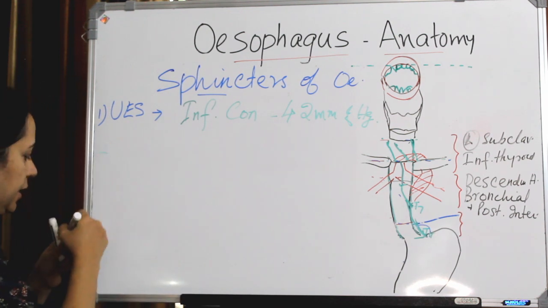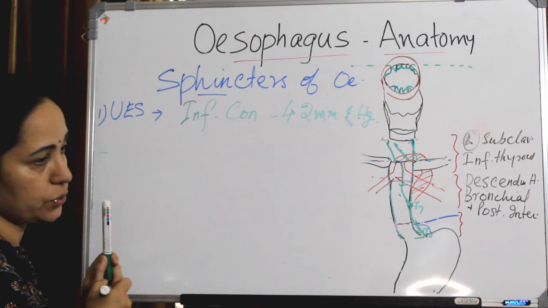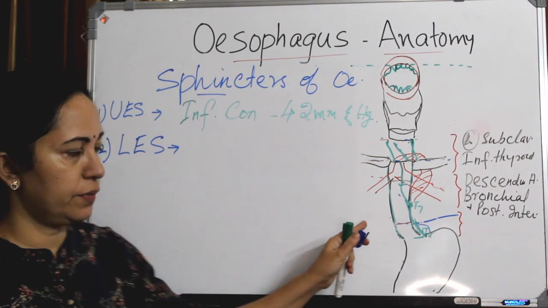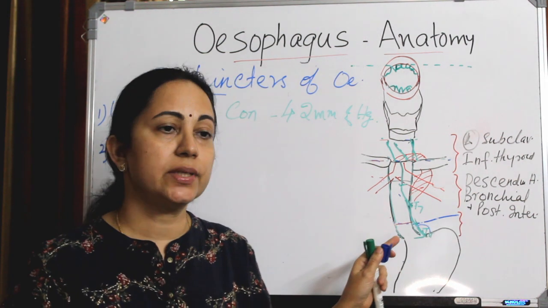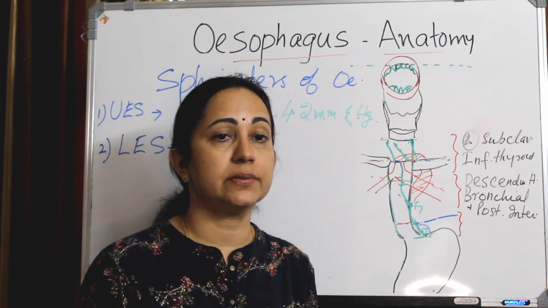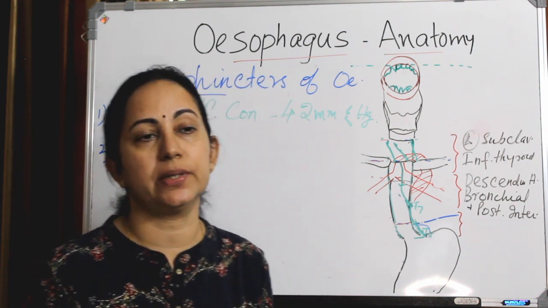And the second one is the lower esophageal sphincter. In the lower esophageal sphincter, there are no definite muscle fibers, unlike the upper esophageal sphincter, which is formed by the cricopharyngeal part of the inferior constrictor.